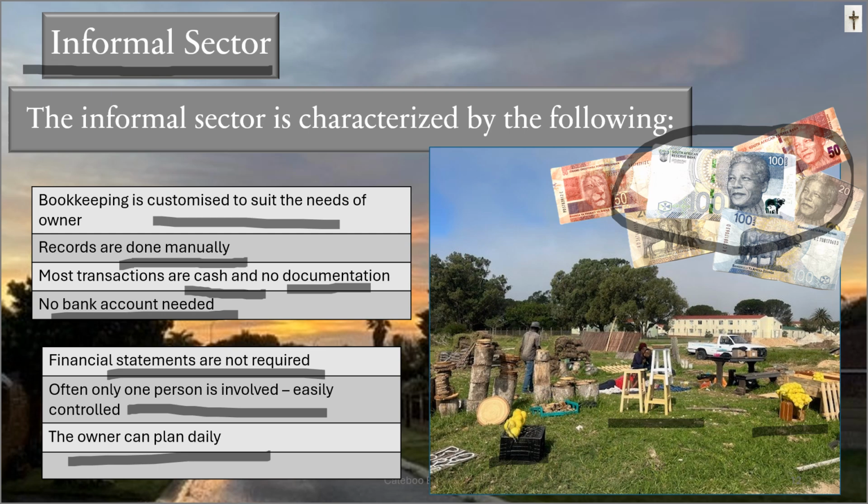This would be a typical example of an informal sector business type. So you can see that no proper records are most probably being kept.